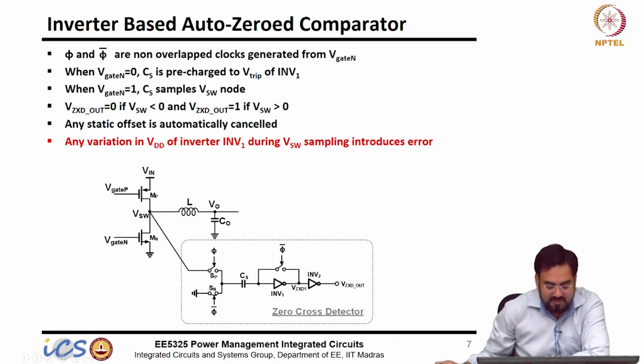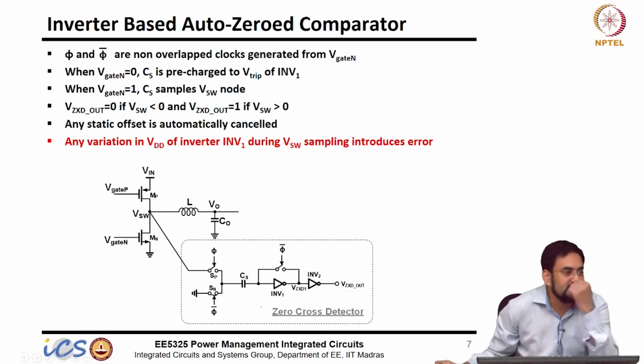If it is below trip point, this will be low, because we have another inverter here. So this will be high, this will be low. Now the moment it goes positive, this will go above trip point and this will go high. That is how you use an inverter as a comparator.